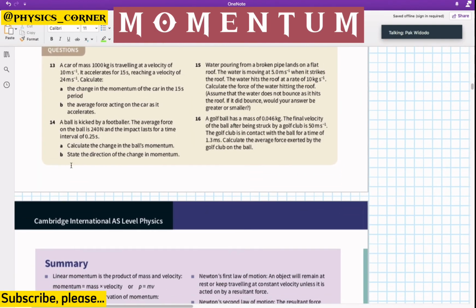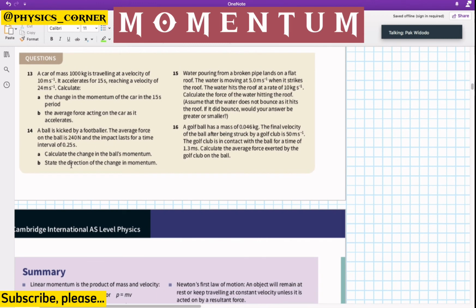Let me check question 13. A car of mass 1000 kilogram is traveling at velocity 10 meter second minus 1.